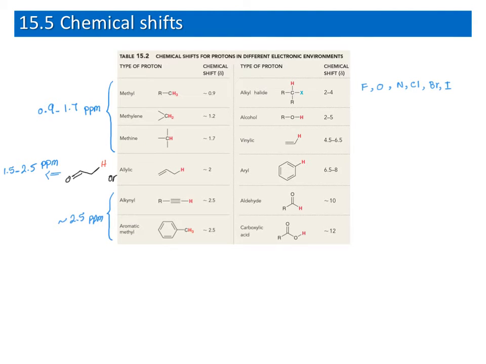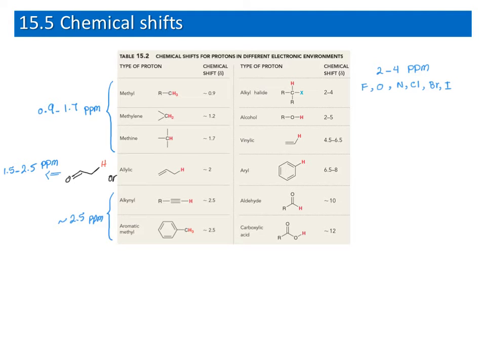So once again, you can expect to see this proton, which is connected to the carbon that is connected to one of these electronegative atoms, to appear somewhere between 2 to 4 ppm. Sometimes you may see that it is reported as 2.5 to 4.5. As I said, these numbers are just approximate. They are not accurate numbers.